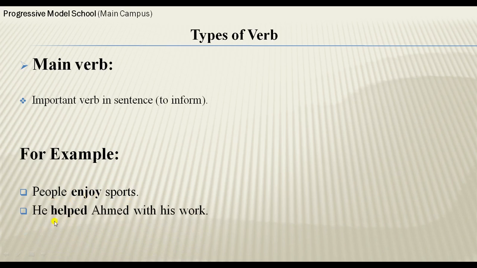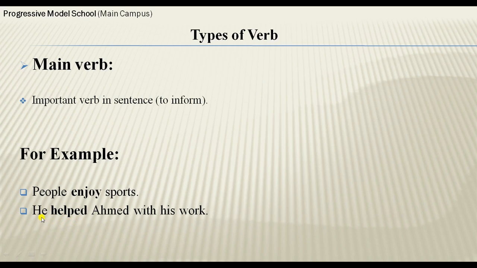Another example, he helped Ahmed with his work. Similarly, if we don't write the word helped in a sentence, then our sentence will become he Ahmed with his work, which again is not making any sense. So by writing the word helped, it is giving us complete information.